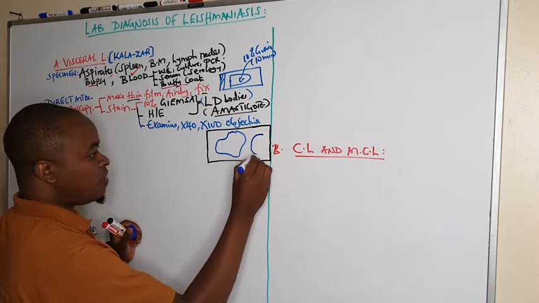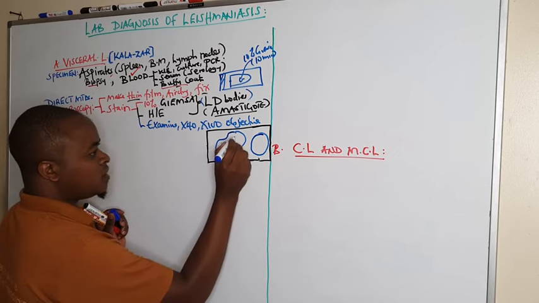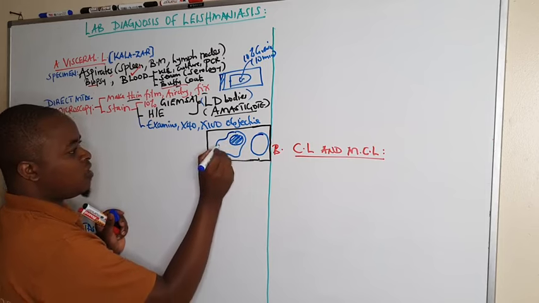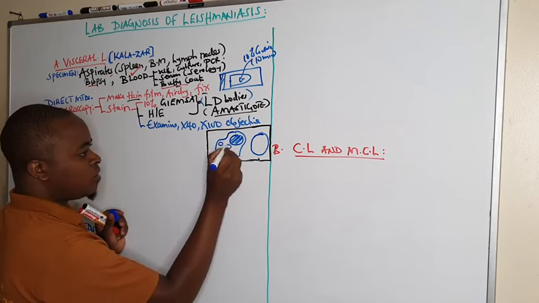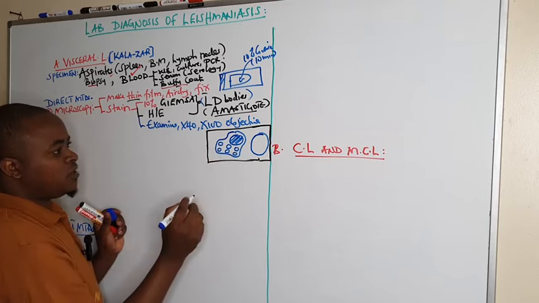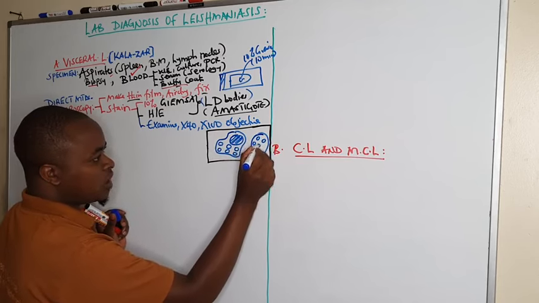When we use blood, we find them in monocytes. So if this is the nucleus of a monocyte or a macrophage, we are going to find multiple LD bodies in the cytoplasm of the macrophage. If it is a monocyte, we still find multiple LD bodies.